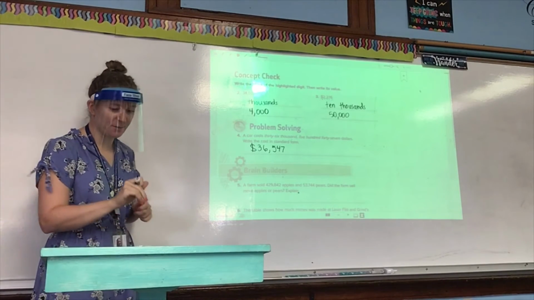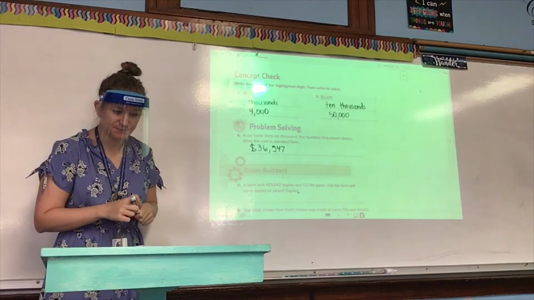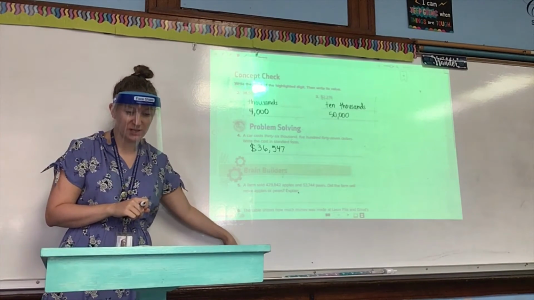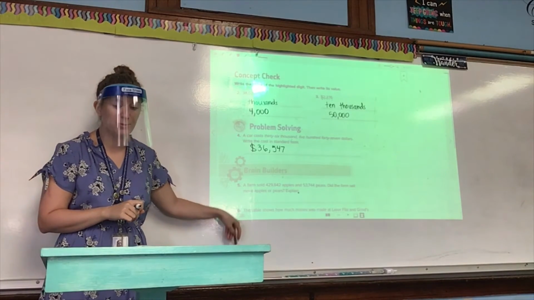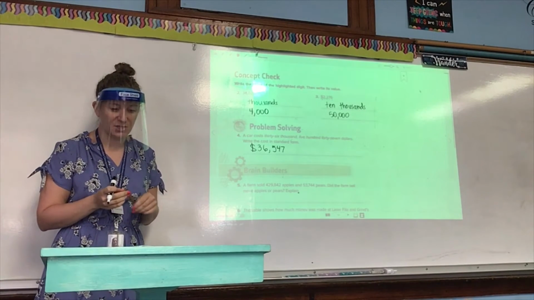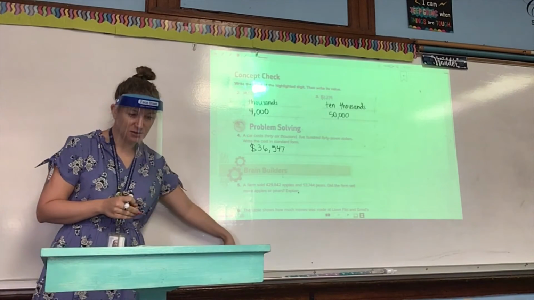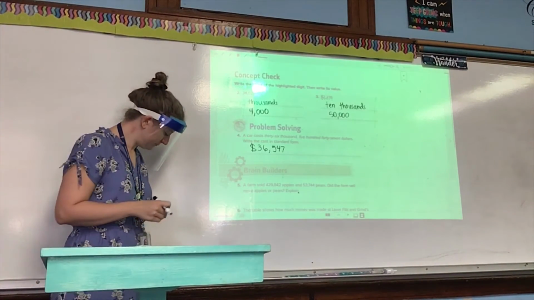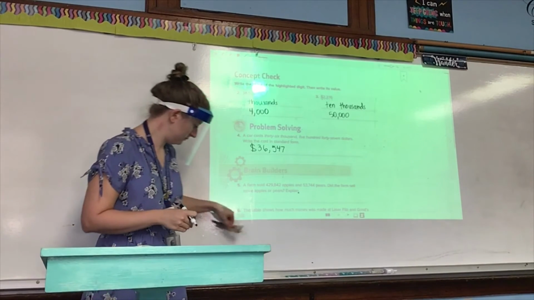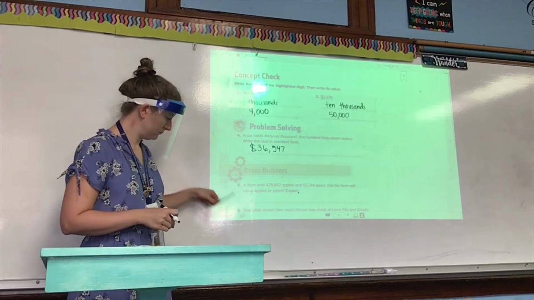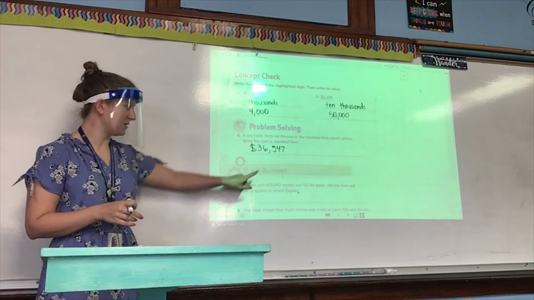Very good. Okay, number 5 says a farm sold 429,842 apples and 53,744 pears. Did the farm sell more apples or pears? Aaron, don't forget to explain.